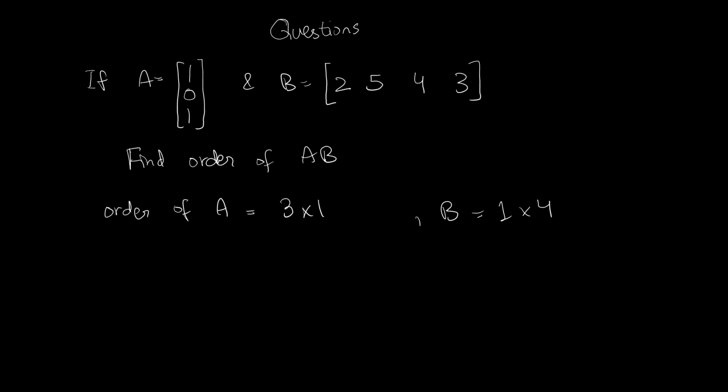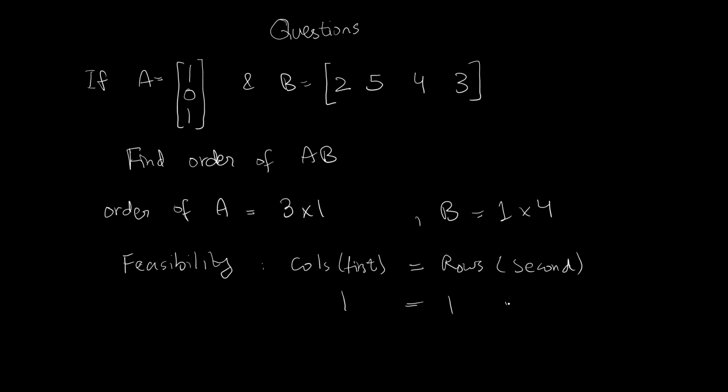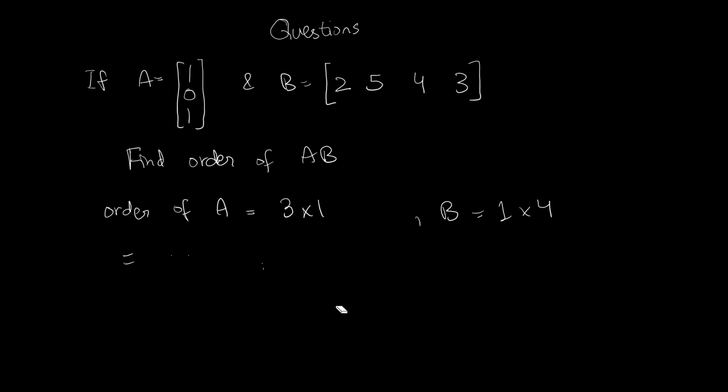So in order to check if it is feasible, you check the feasibility: take columns of the first and rows of the second. Columns of the first matrix are 1, the rows of the second are 1. Yes, it is feasible. Only after checking the feasibility are you allowed to find the order of the product.